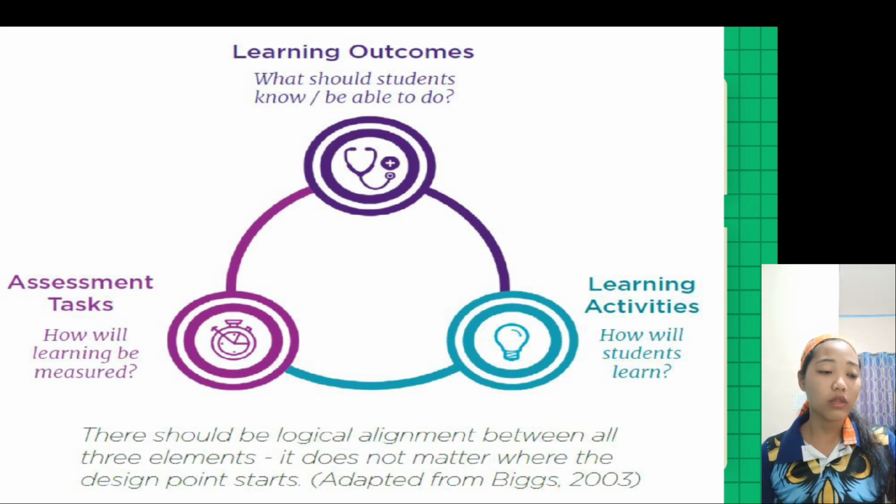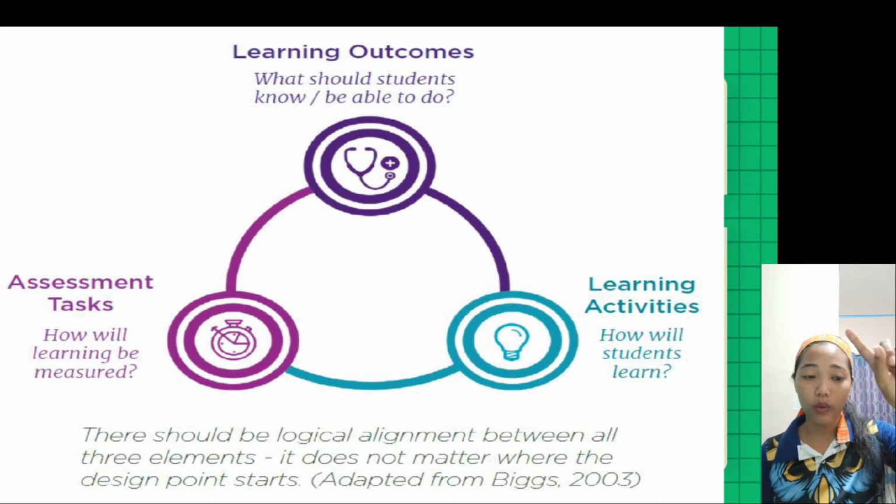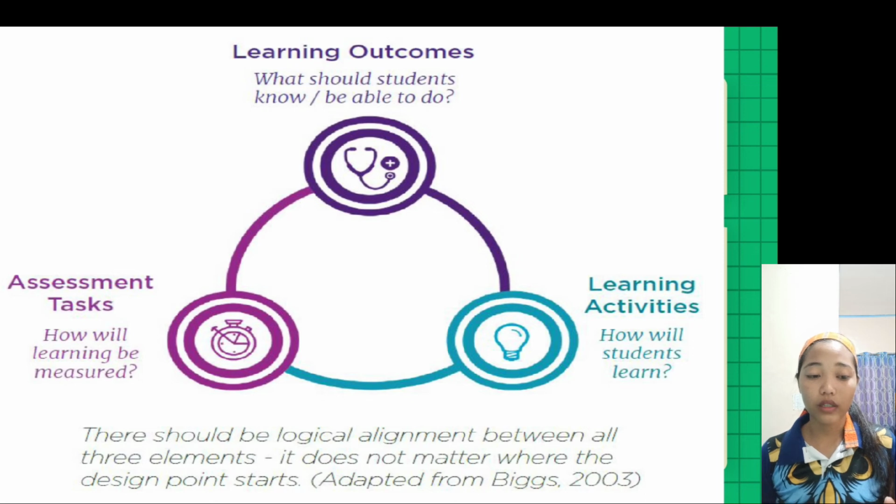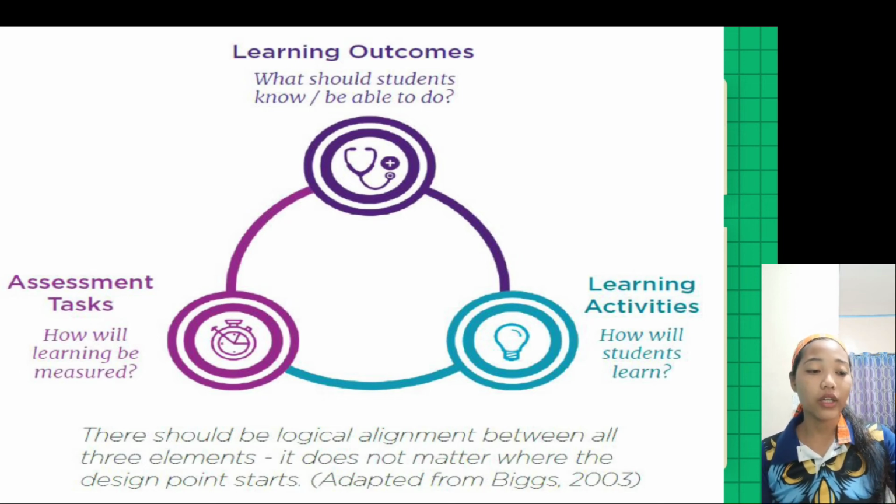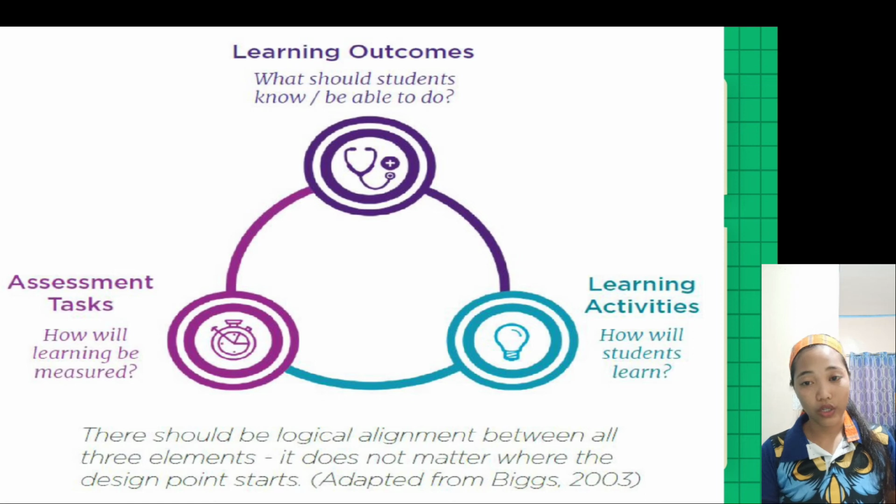So the assessment task will go back to the learning objectives. If that assessment task reaches the goal or has a good result, it means the learning objective has been achieved, because the learning activity here is where the student provides what they need to learn.